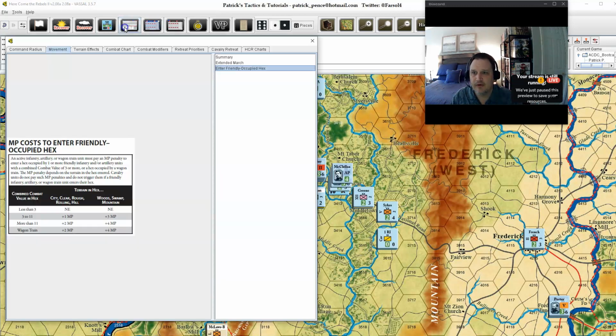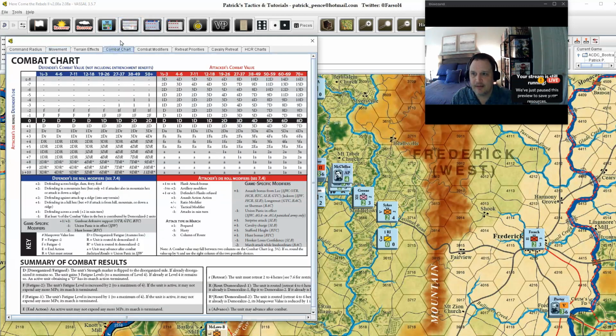If you open up your combat chart here, you can see the combat results table. This is one of the features of the game that I encourage new players to constantly go in there and just look at. It is a comparison of the attacker's combat value.